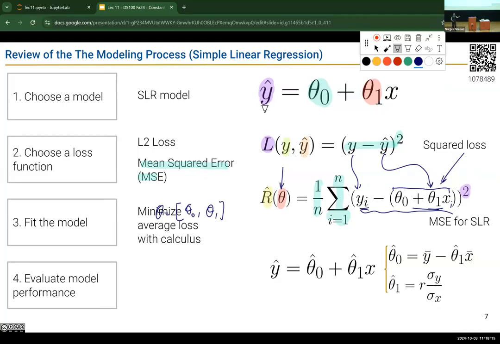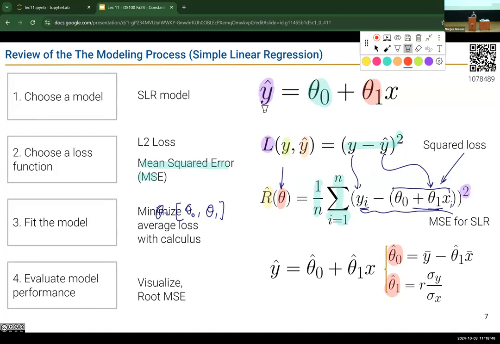We solved it, and we arrived at the fact that theta 0 hat and theta 1 hat, hat on top of the parameters meaning that that's the estimated parameter, the optimum set of parameters that we can have, is equal to exactly what you learned before in Data 8, which is theta 0 hat is equal to y bar minus the slope times x bar, and the slope itself, theta 1 hat, is equal to correlation times the standard deviation of y over standard deviation of x. That's the summary of last time.